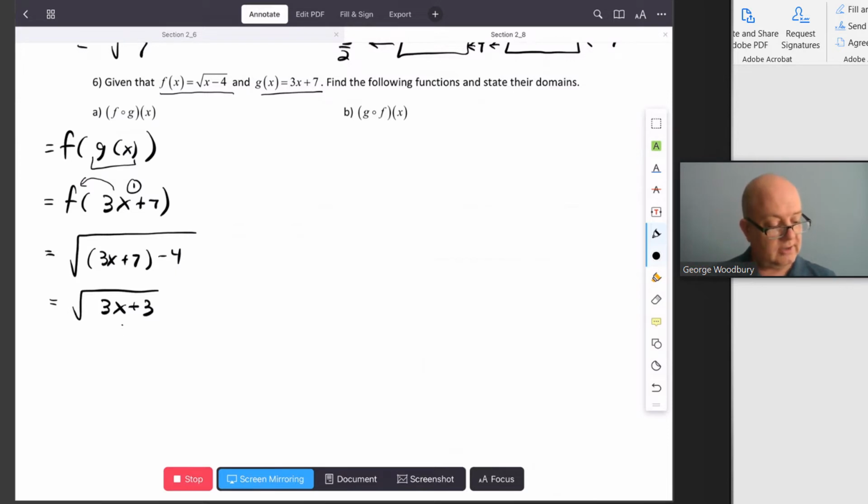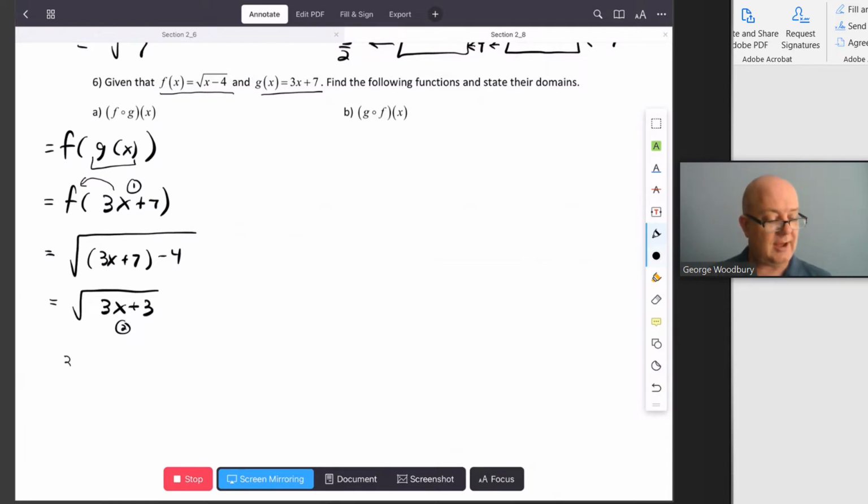And so in this second spot, what we're looking for are values that are in the domain at both checkpoints. So here it's going to be in the domain of g of x, and at the same time it's going to be in the domain of that composition of functions as well. Because now we have a square root, we know we can only take the square roots of non-negative numbers.